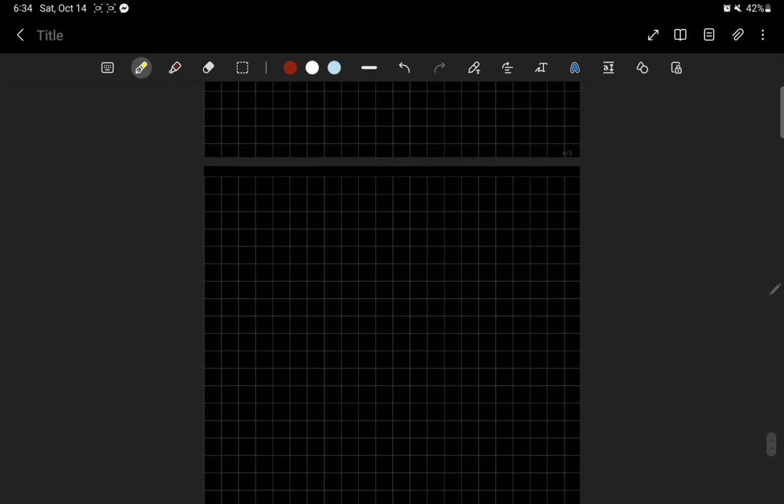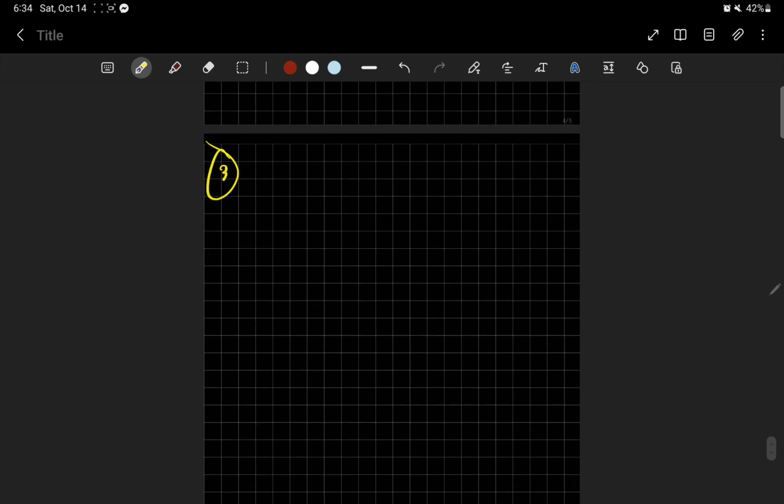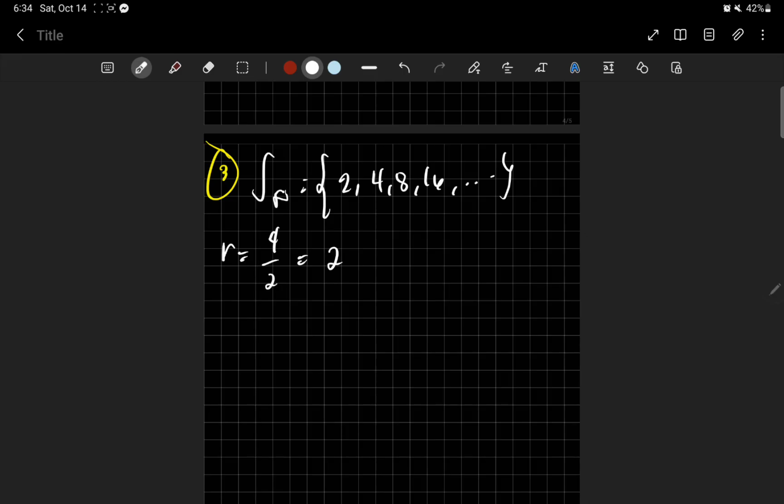Another example, number 3. Let's say we have to find the sum of an infinite geometric series of 2, 4, 8, 16, and so on. Okay, so again, identify first the common ratio. That is 4 over 2, and that is 2.